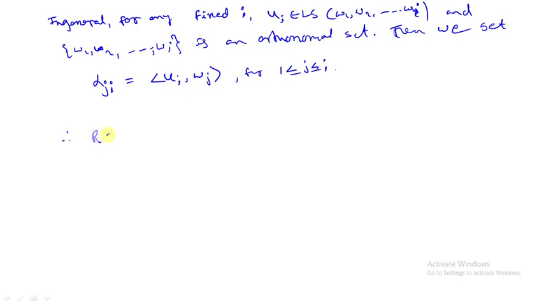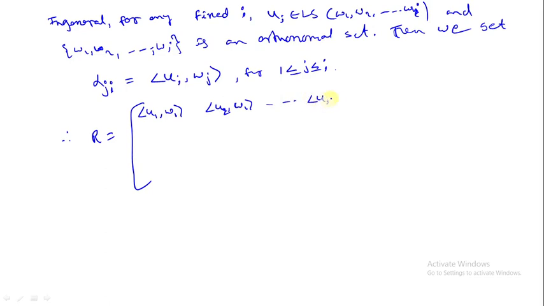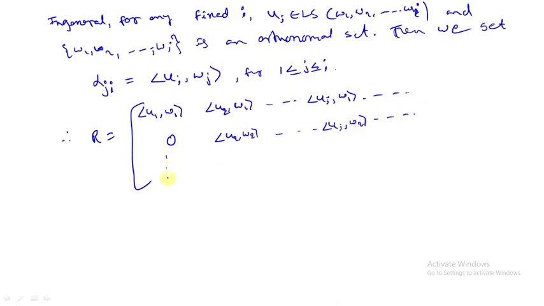Therefore R equals alpha 1 1, which is the inner product of U1 with W1. Alpha 1 2 is the inner product of U2 with W1, and so on, so the nth one is the inner product of Un with W1. Next, alpha 2 2 is the inner product of U2 with W2, and so on.